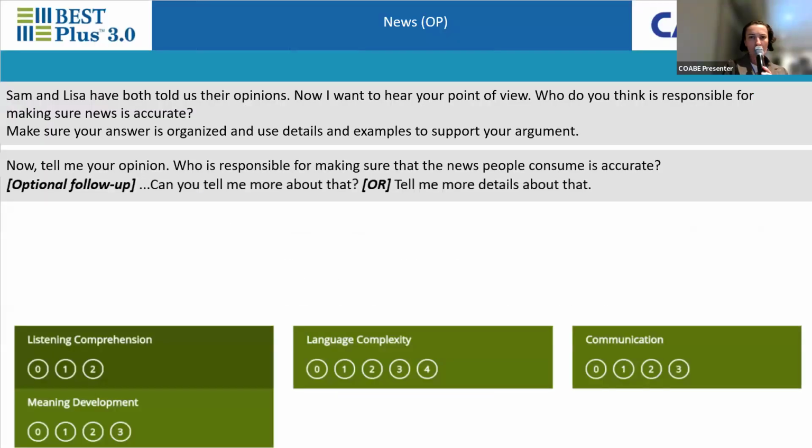Who's responsible for making sure that the news people consume is accurate? Then there are optional follow-ups allowed. Can you tell me more about that, or tell me more details about that? And again, you see all 4 scoring rubric categories appear. So it's quite complex, I think you will all agree. And that is part B.